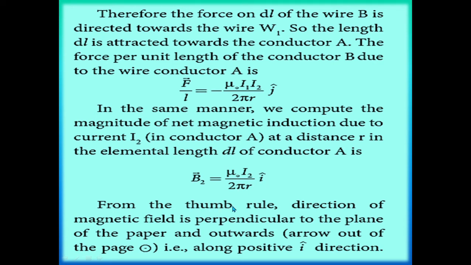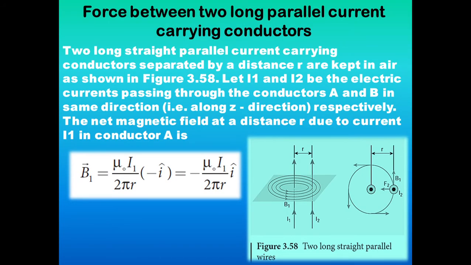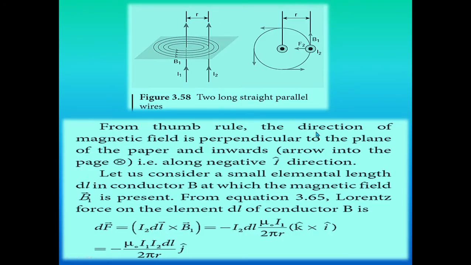From the thumb rule, the direction of the magnetic field is perpendicular to the plane of the paper. Now this is an outward direction, along the positive i direction. The last point indicated is the inward direction.